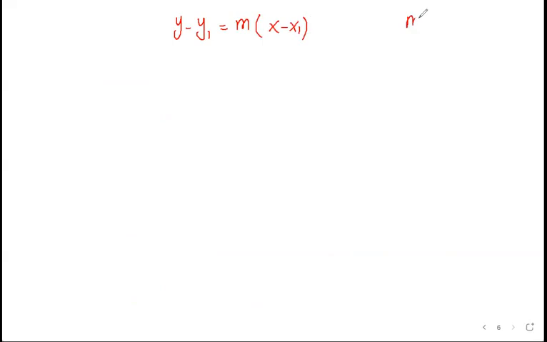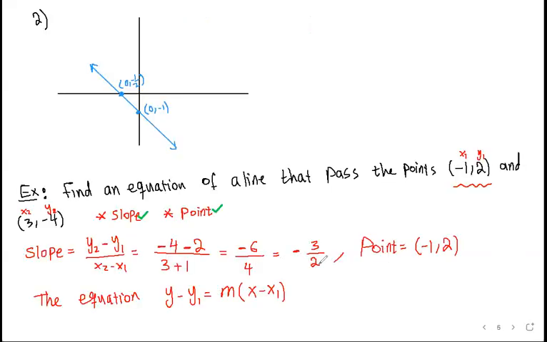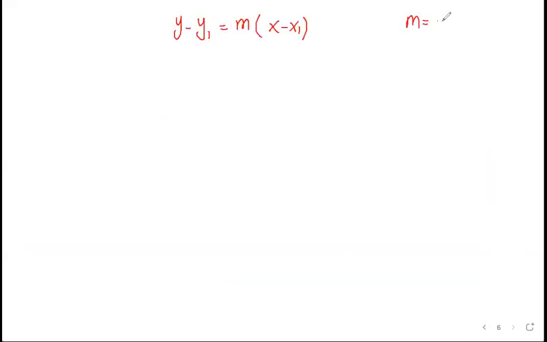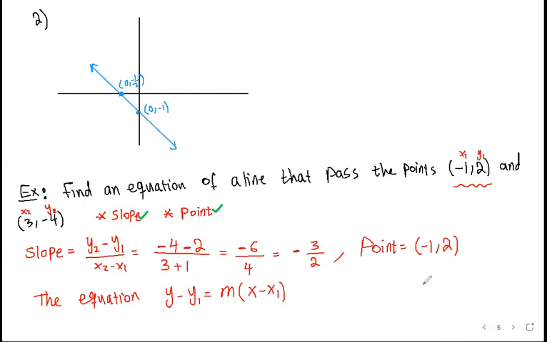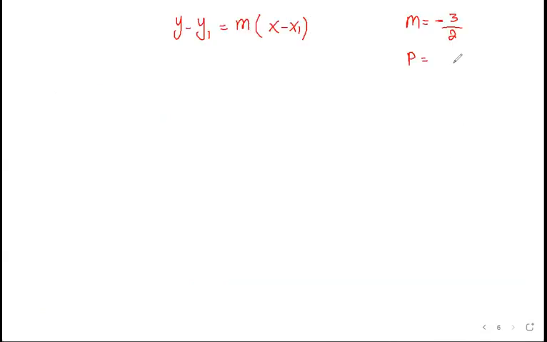The slope I got from the previous slide, minus 3 over 2. And the point from the previous slide, I chose this one, minus 1, comma 2. So who will help me with finding the formula?